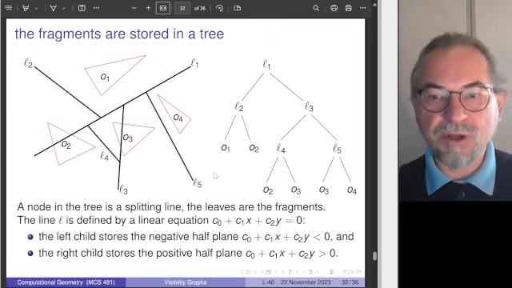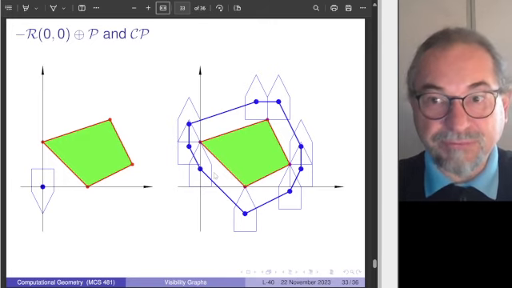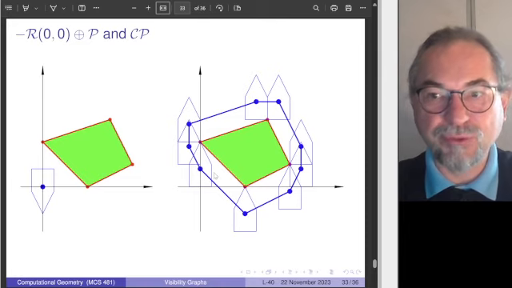Okay, then we had the robot motion planning. I referred to this at the very beginning of the lecture. This was for point robots; for robots that cannot be simplified to a point, we have to compute the Minkowski sum.